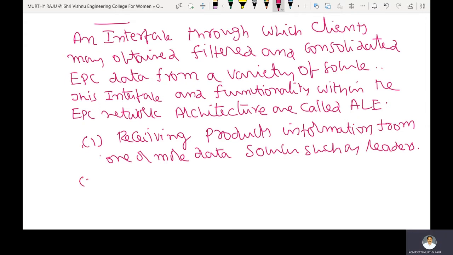Second, accumulating such data over intervals of time. Third, filtering to eliminate duplicate EPCs and EPCs that are not of interest. These are the actions performed by the ALE.